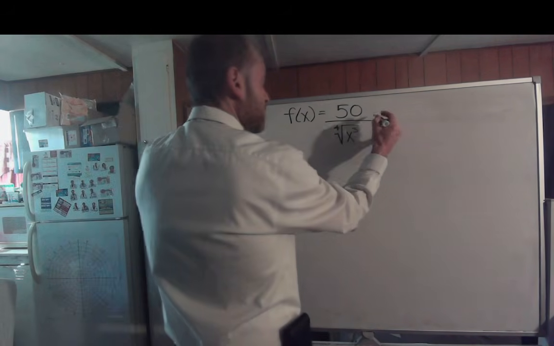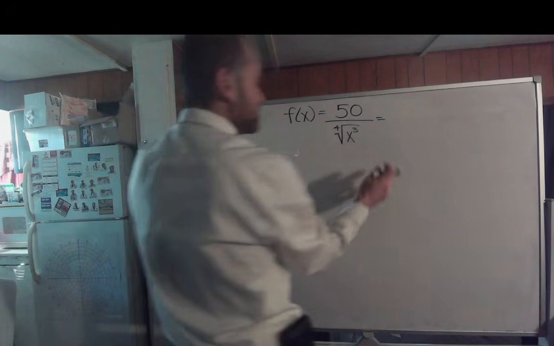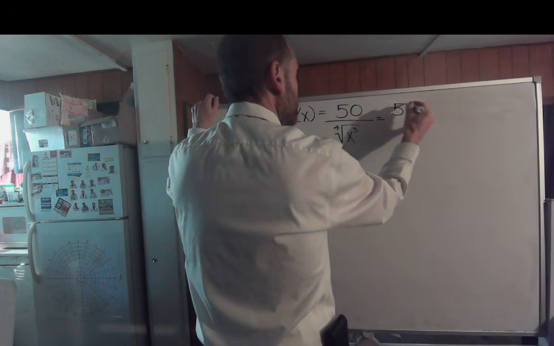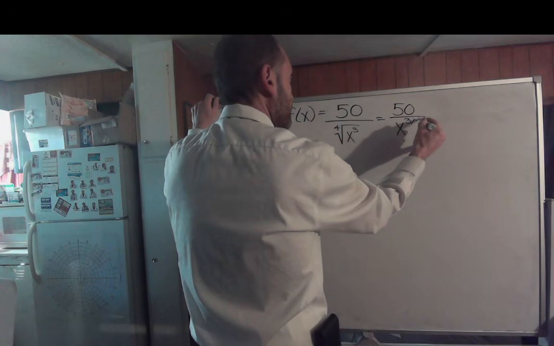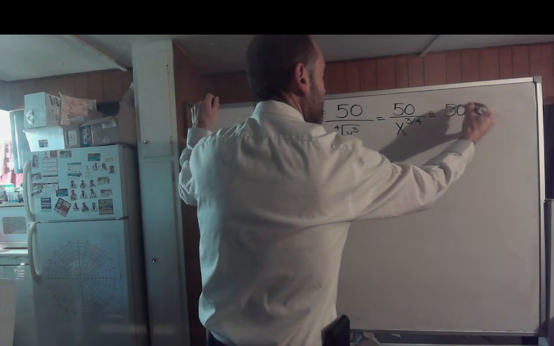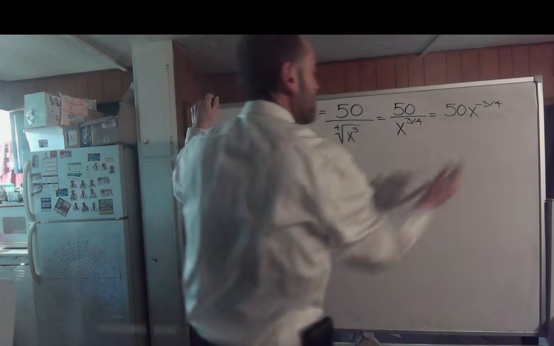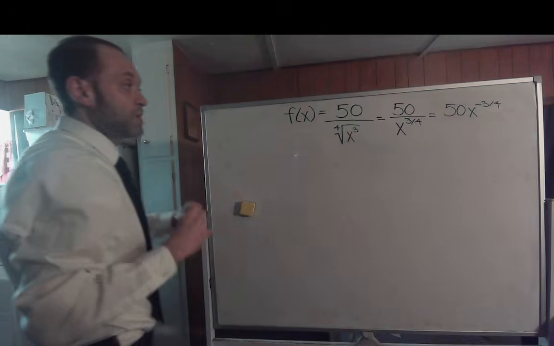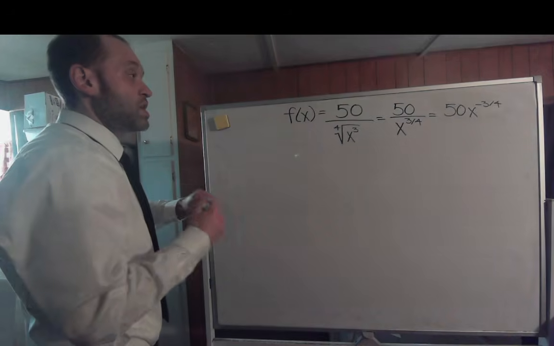We know 50 over the fourth root of x to the third, that's the same as 50 divided by x to the 3/4, which would be the exact same thing as 50x to the negative 3/4.